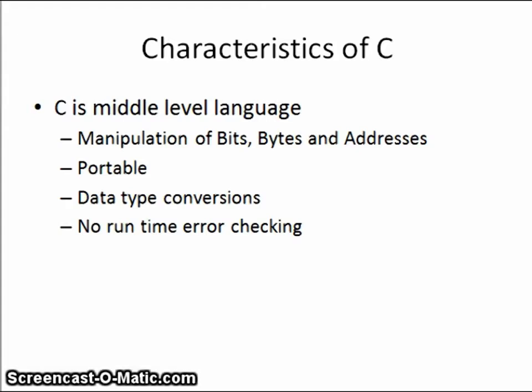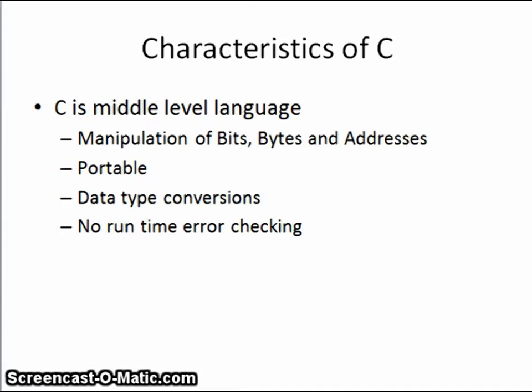The last point, which may be a negative or maybe a plus, is that no runtime error checking is done in C language. Once you have developed code, C doesn't consider errors like memory leakages, memory losses, or any other such errors.